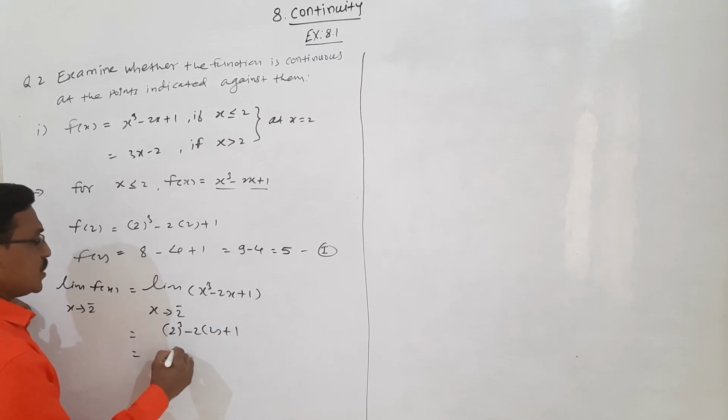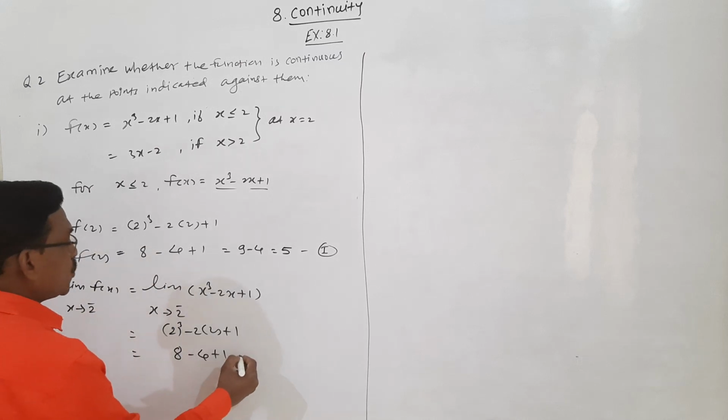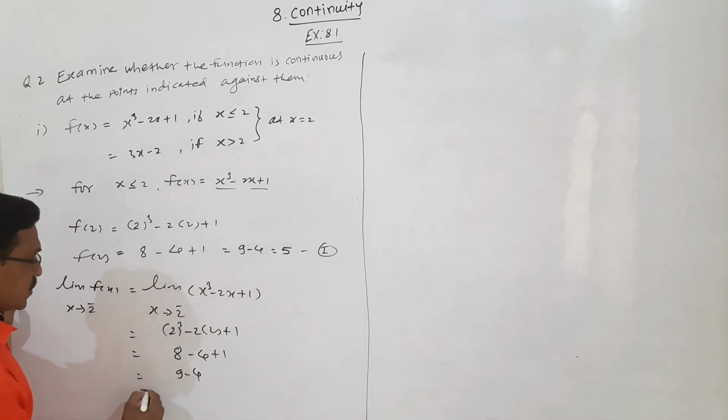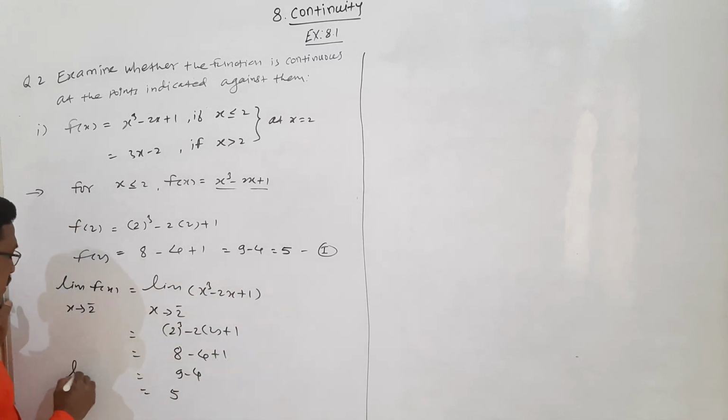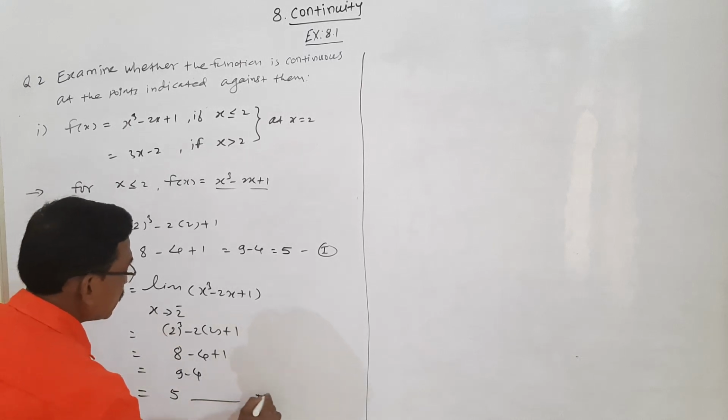It is equal to 8 minus 4 plus 1, and so it is equal to 9 minus 4, it is 5, and so left hand side limit of this function is equal to 5 here. Call this equation second.